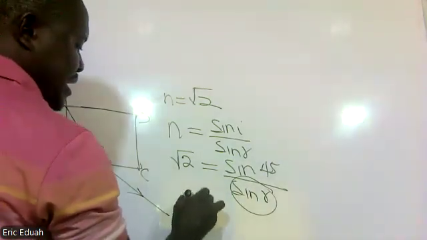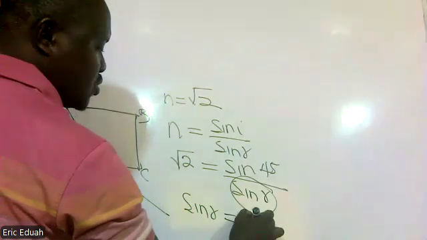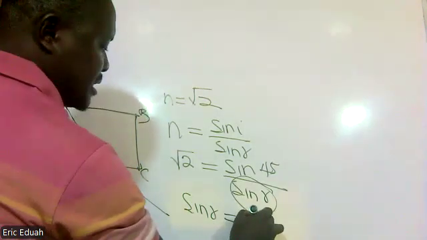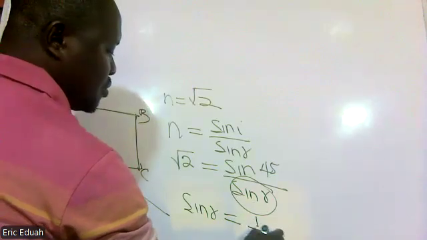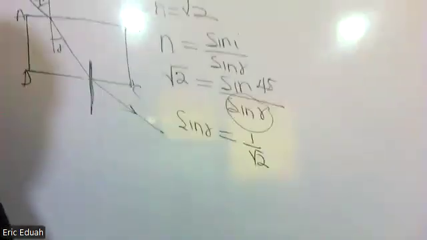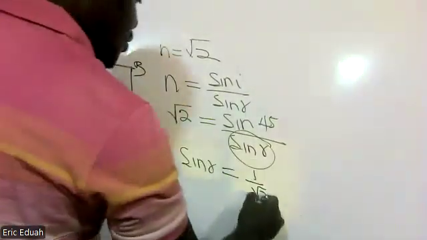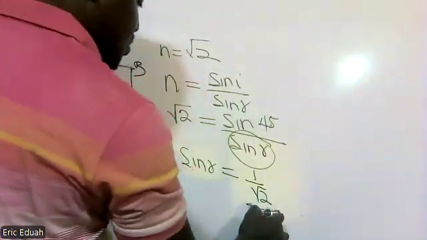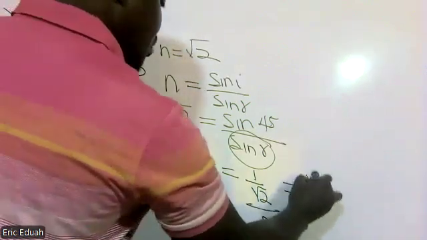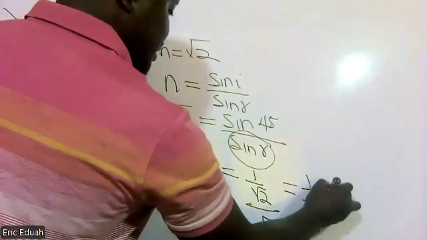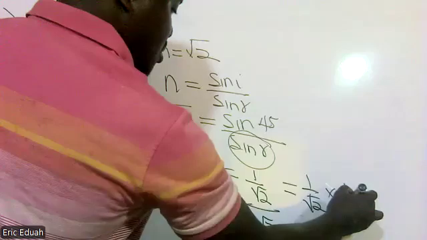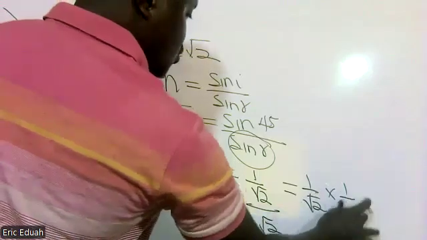So sine r is equal to sine 45 divided by root 2. Sine 45 is 1 over root 2. So we have 1 over root 2 divided by root 2.